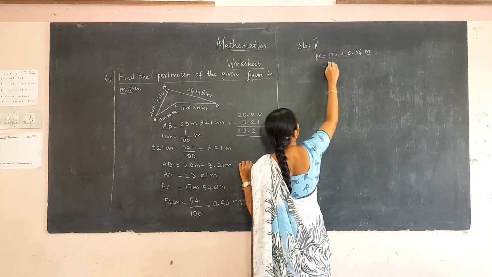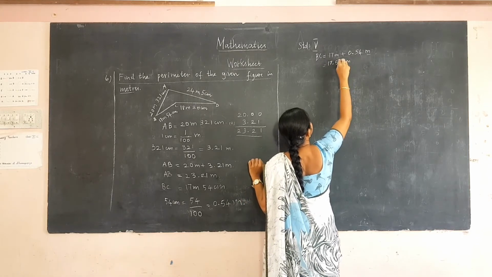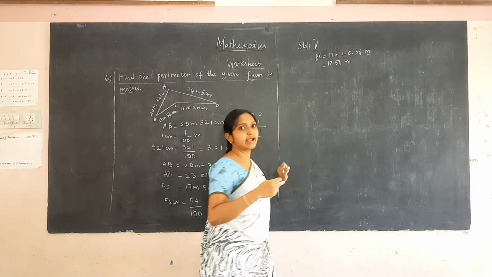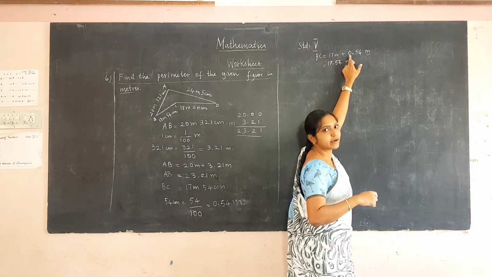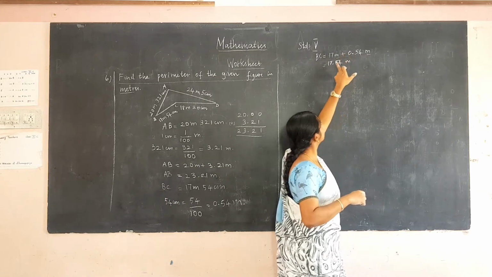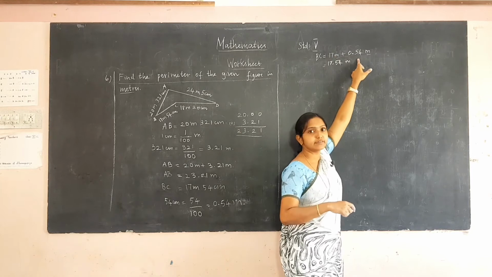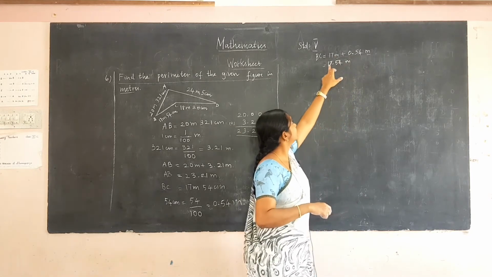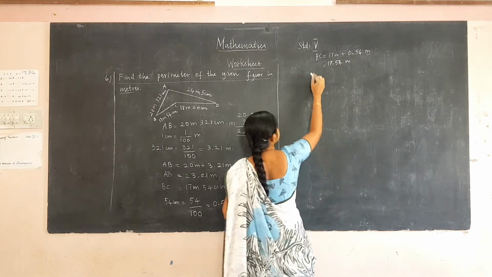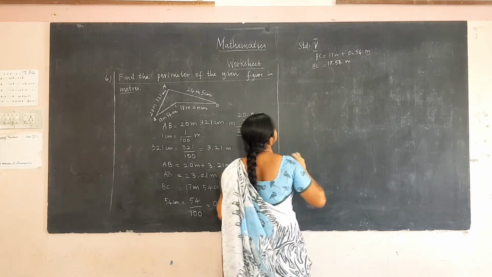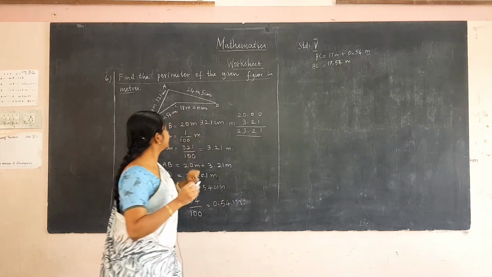So directly we can add as 17.54 meter. 17 plus 0 is 17. Here we don't have any decimal places and here we are having decimal place. So directly we can keep the decimal point and write 54. So BC is 17.54 meter. Next, CD.